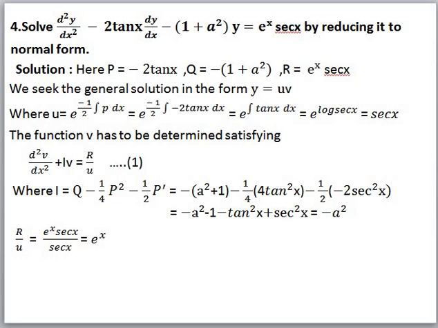On simplifying, that is minus a² minus 1, minus 4 get cancelled, tan² x, 2 get cancelled, minus into minus plus secant² x, is equal to, we take minus a² minus common (1 plus tan² x), that is secant² x, minus secant² x plus secant² x get cancelled, we get minus a². R by u is equal to e^x secant x, where u is equal to secant x get cancelled, we get R by u is equal to e^x.